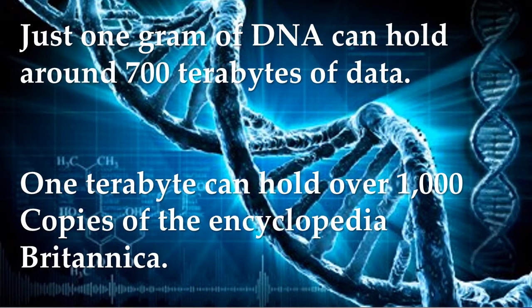In just 1 gram of DNA, which is less than 1/28 of an ounce, there is potentially over 700 terabytes of data. And just 1 terabyte could hold 1,000 copies of the complete Encyclopedia Britannica. So this gives you an idea of just how much information is stored in every gram of DNA.